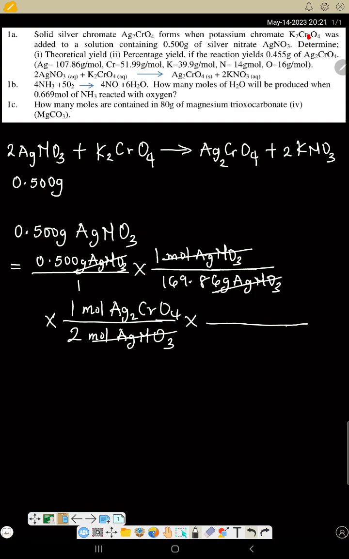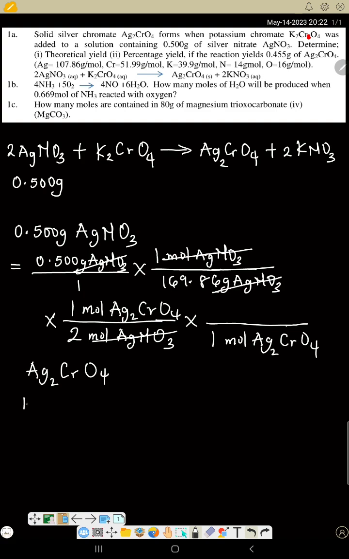So 1 mole of silver chromate will give us how many gram? So now we need to find the molar mass of Ag2CrO4.